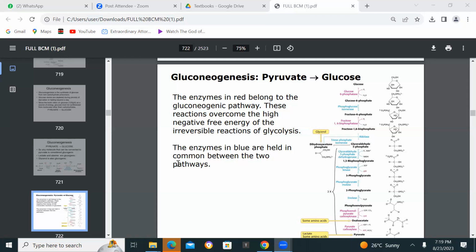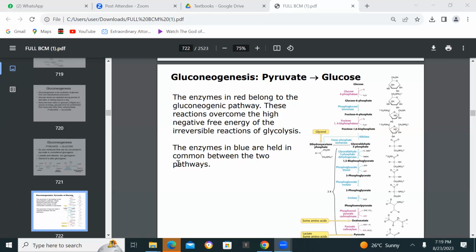Then the last thing we mentioned was the rate limiting step, which was the third step, the conversion of fructose 6-phosphate to fructose 1,6-bisphosphate, catalyzed by phosphofructokinase.